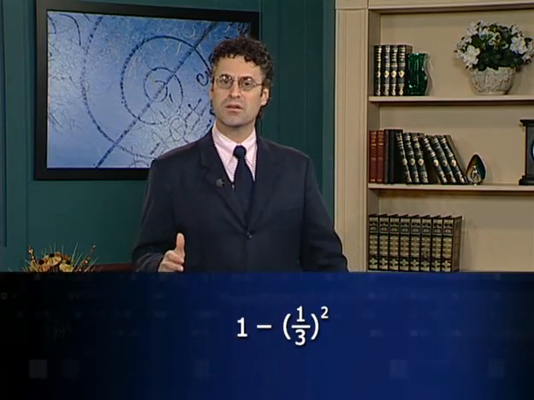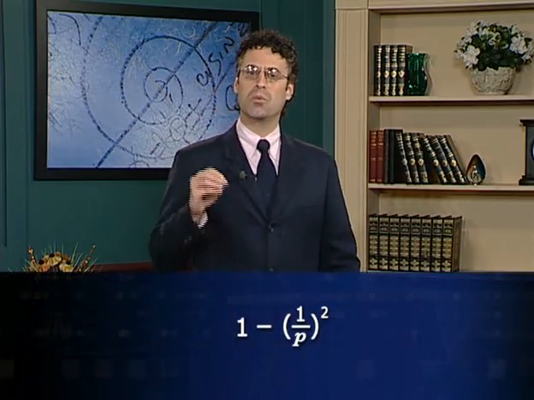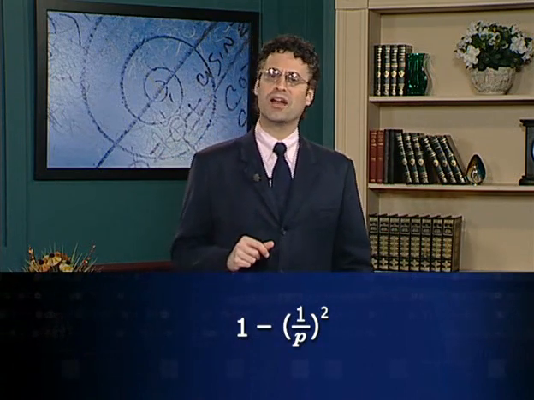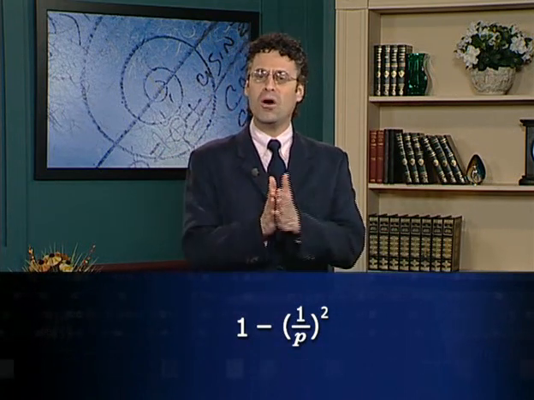And in general, for any prime number p, the likelihood that a random natural number is not a multiple of p squared equals 1 minus 1 over p squared. We'll find our answer by multiplying all these individual probabilities together.